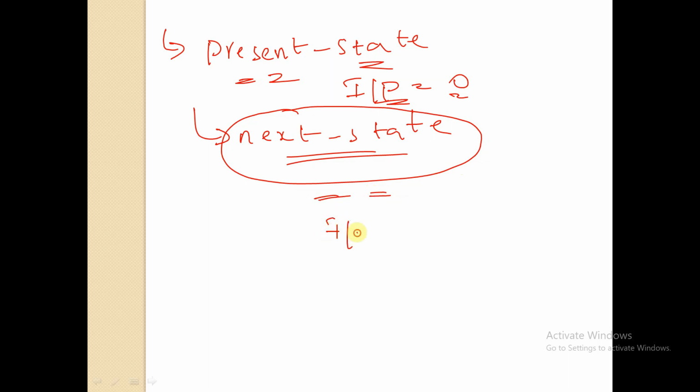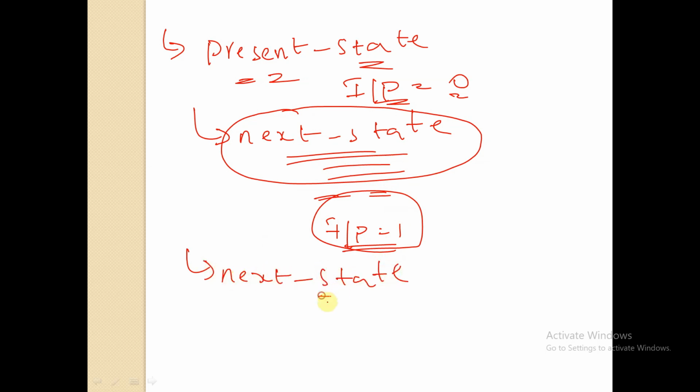Or if the input is 1, then which state we should go to is given by the next state. So basically the next state logic tells us to which state we should go when there is a particular input, and the present state is the state which we are currently in.